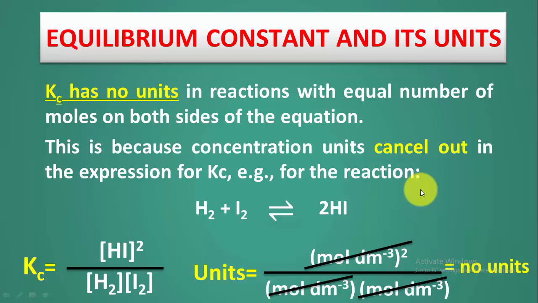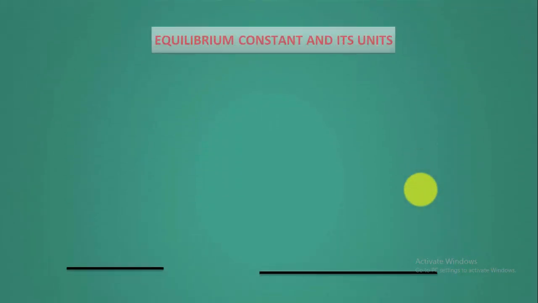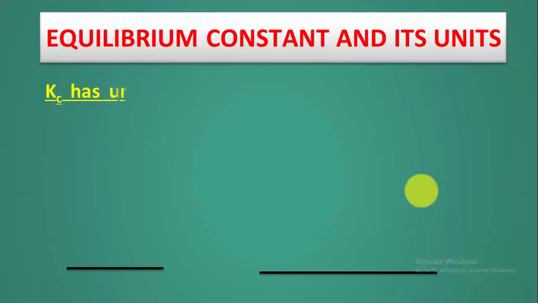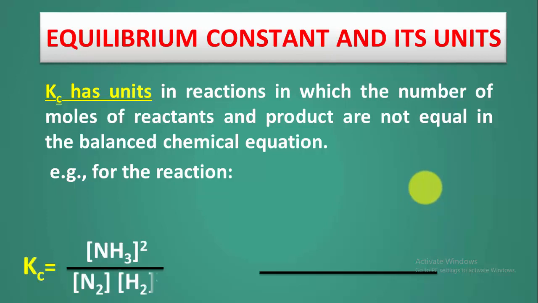And in this scenario, Kc has units. These are reactions in which the number of moles of reactants and products are not equal in the balanced chemical equation. So in this reaction, you will see that on the reactant side there are 4 moles, but on the product side there are 2.